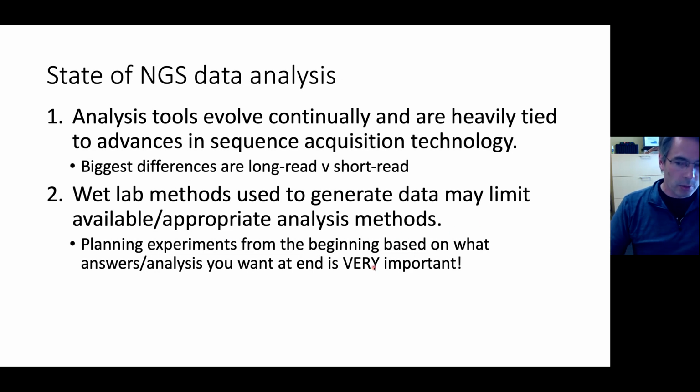So planning those experiments from the beginning is super important. For example, if you want to analyze allele frequency data, RNA-seq may not give that to you because that's going to tell you your gene expression level, and your allele frequency can be conflated.